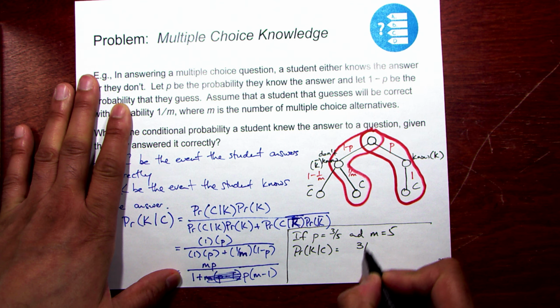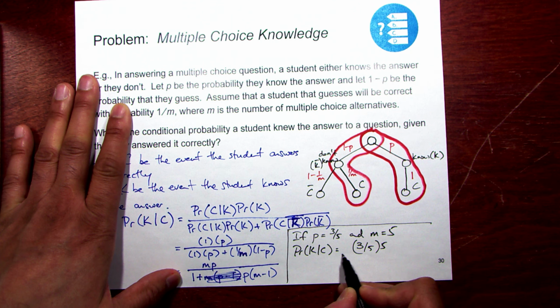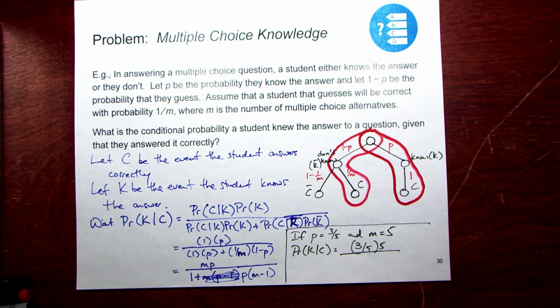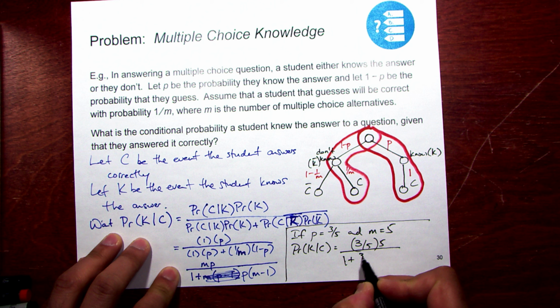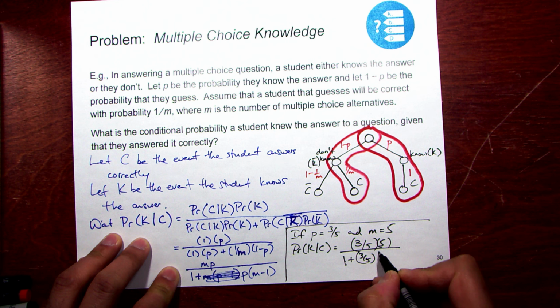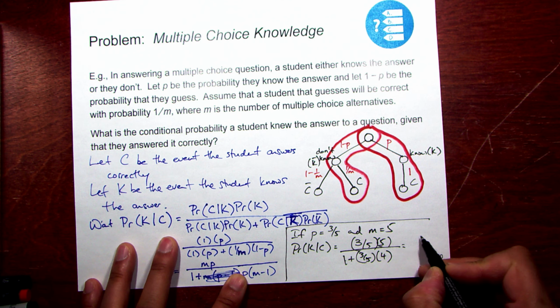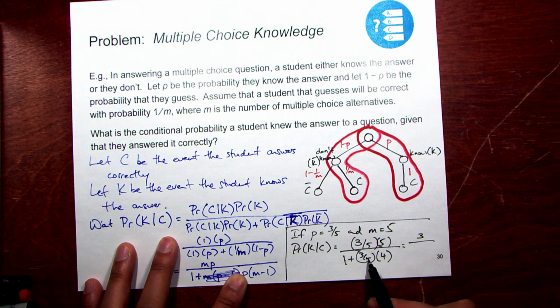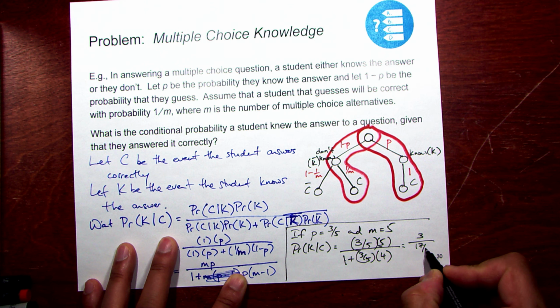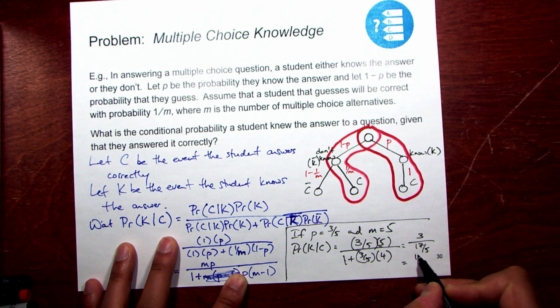Let's just do it. It's 5 divided by 1 plus 3/5 times 4. So that's equal to 3 on the top, and the denominator is 12/5 plus another 5/5, so that's 17/5, and then we just invert that and we get 15/17.